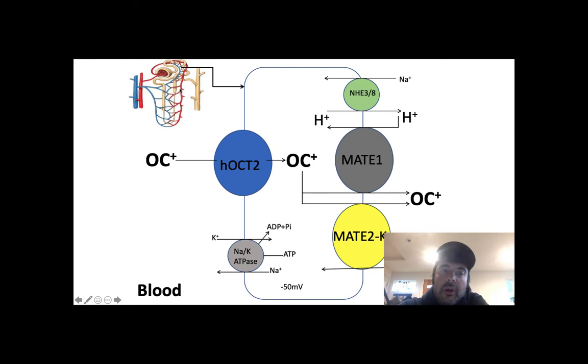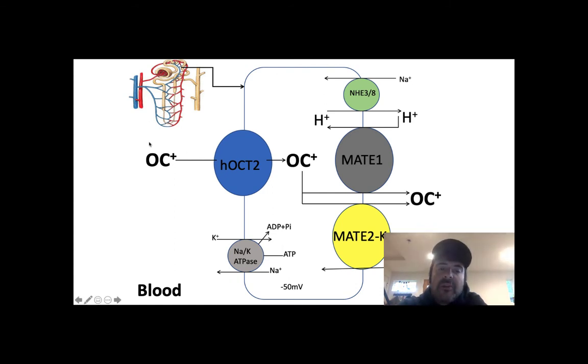Now, you have substances in your blood. So here we have blood over here, and this OC with a positive represents what's called an organic cation. Now, about 40% of the medications you take exist as organic cations when they're dissolved in your body's extracellular fluid, like your blood.